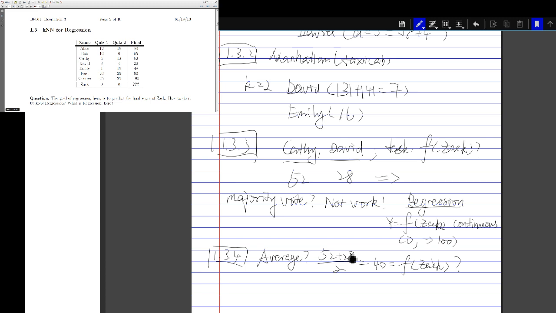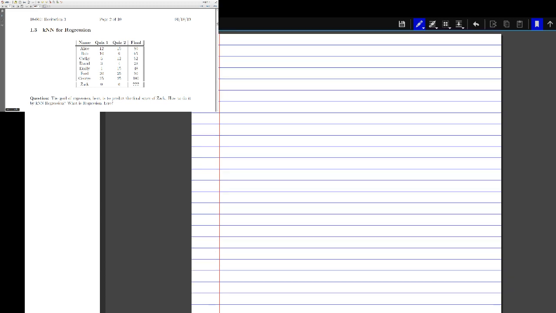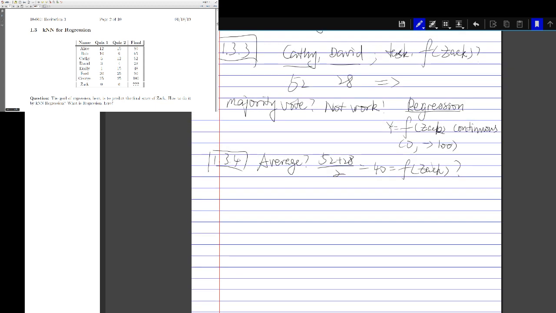And indeed, in real-world problems, a lot of people are actually simply using averages for kNN regression. Now, 1.3.5. However, there's something suspicious about taking a simple average though.